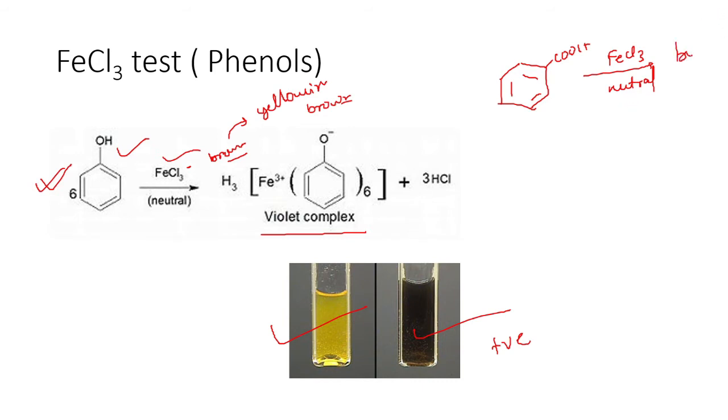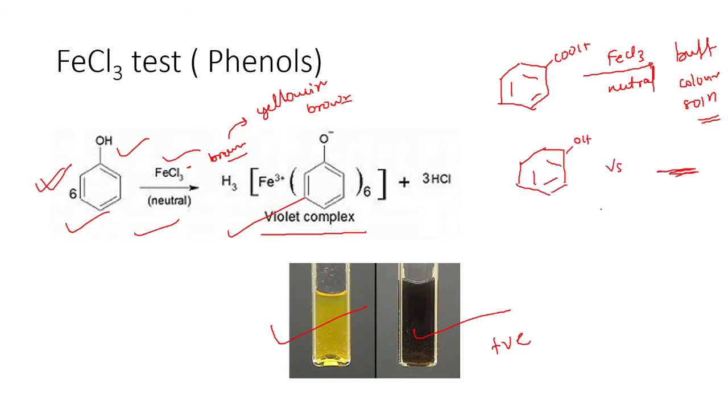This will give a buff colored solution. You don't have to remember this. Basically, you have to remember that phenol, when reacted with FeCl3, gives a violet complex. So when you are asked to distinguish phenol from anything, you can just use FeCl3. This will give a positive test making a violet complex, and this will not make a violet complex. Whatever else it makes doesn't matter here.